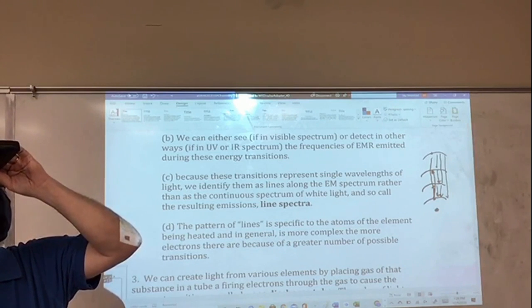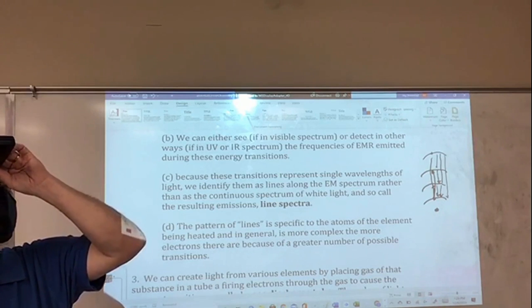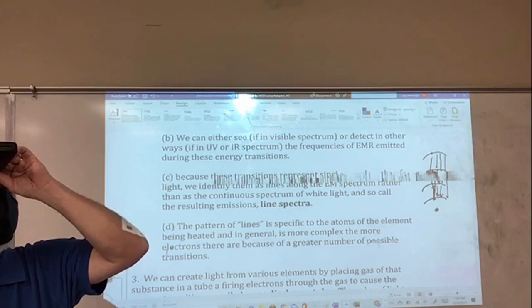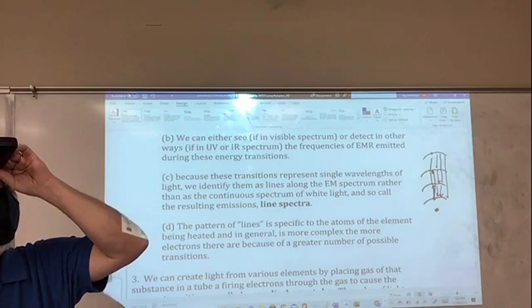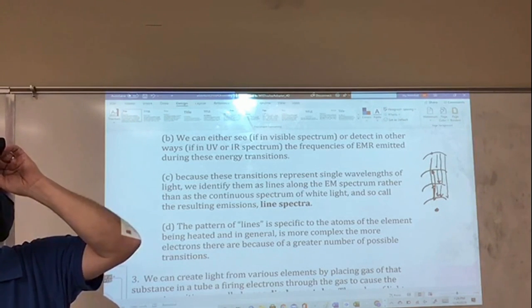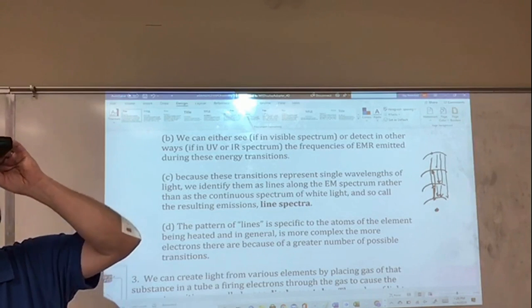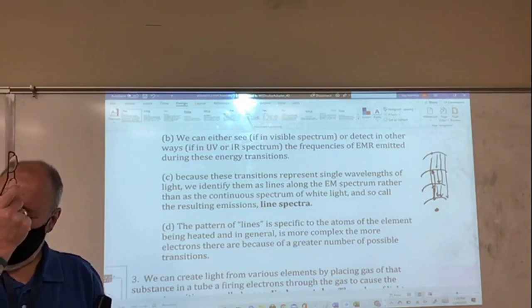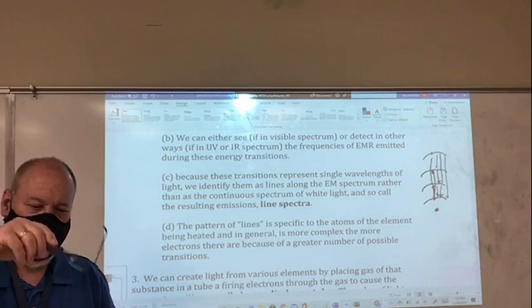And where about is that red line as far as the scale goes? If we're looking at this, 6.25. Okay, so it's in that 600 range, isn't it? Okay, and we said that infrared was at about 750, right? So that's close-ish. My glasses are all steamed up here and aren't letting me see anything.